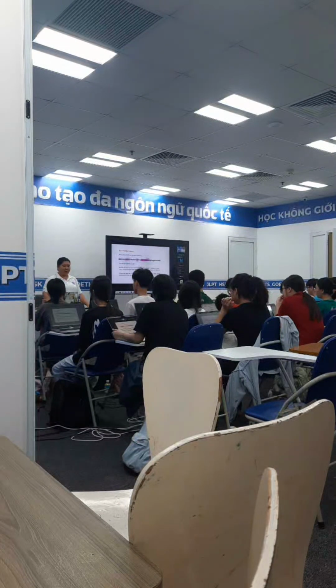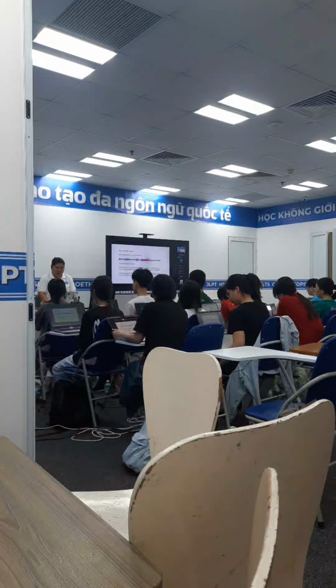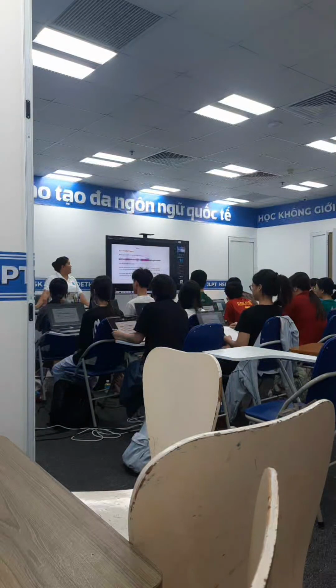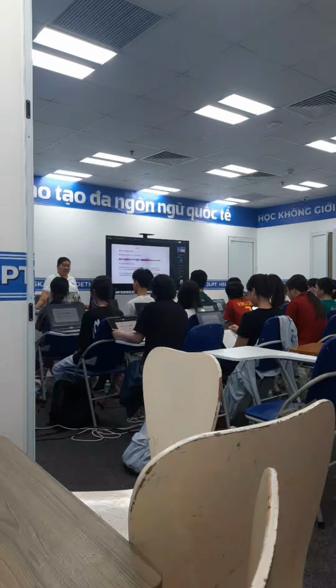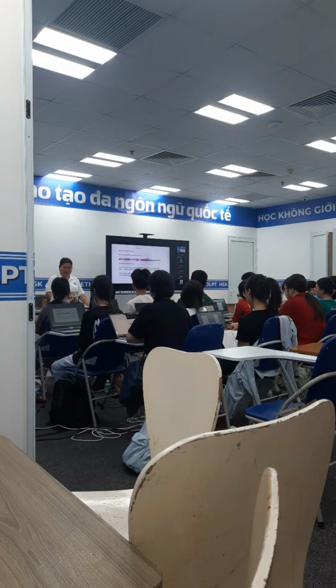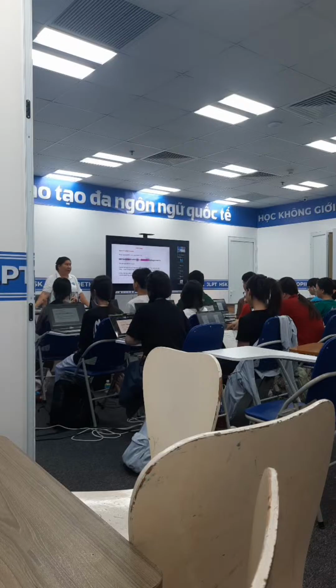For example, for WH questions, if the question is who, what should be the answer? It should be a name of a person or people. So all you have to do is to scan the passage and look for a name of a person.